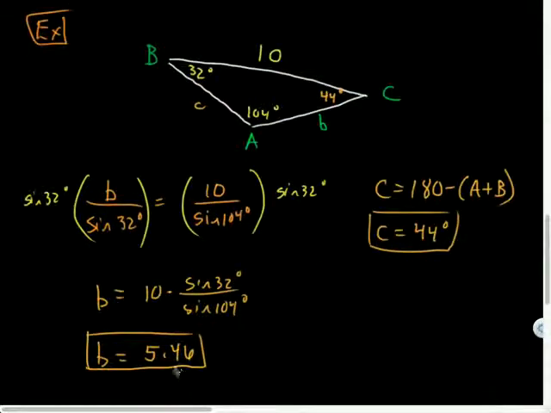So let's look at one more example. In this one I had angle, side given to us, and it was able to work there. So let's say I have a triangle that looks like this. Here's an acute triangle. Let's see, something like this.